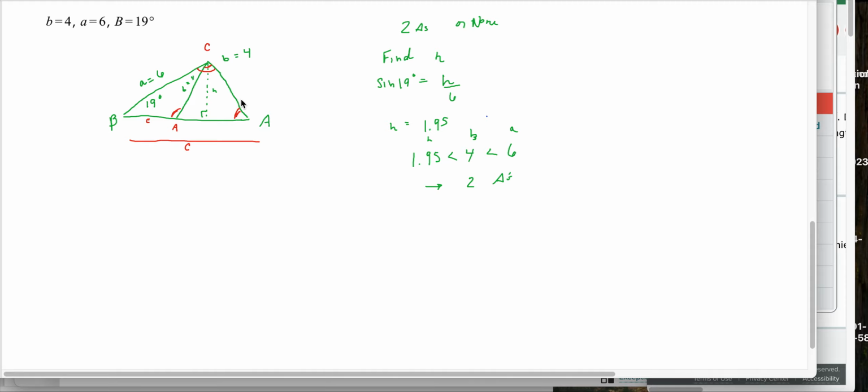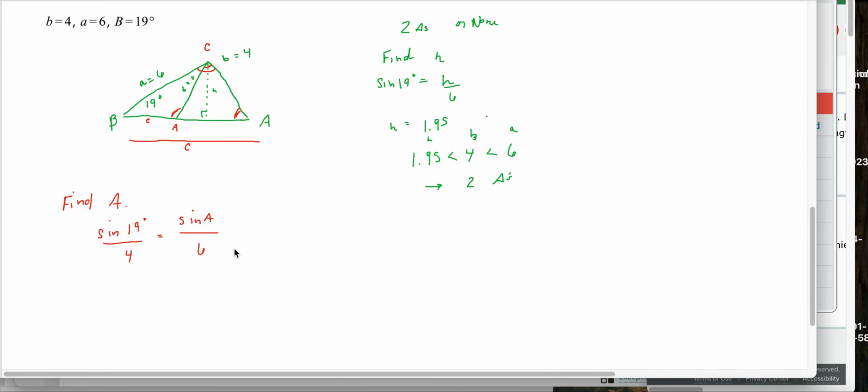So let's start by finding angle A. We're going to use law of sines to find our two possible angle A measures. Okay, so let's talk about what we know. We have angle B and side B, right? So we're definitely going to use that. So sine of 19 over 4 is equal to, and then we'll set up for angle A, sine of angle A over, we know A is 6.